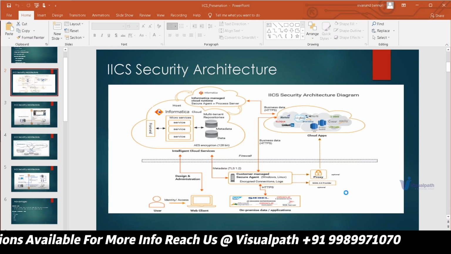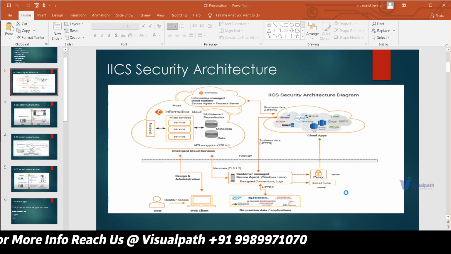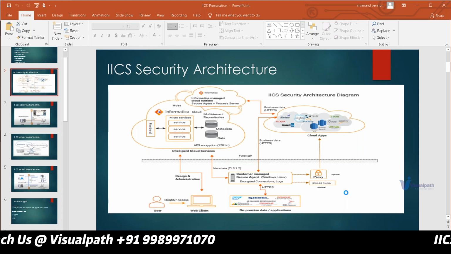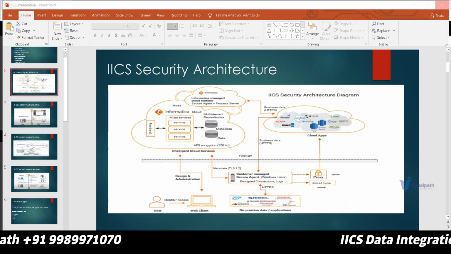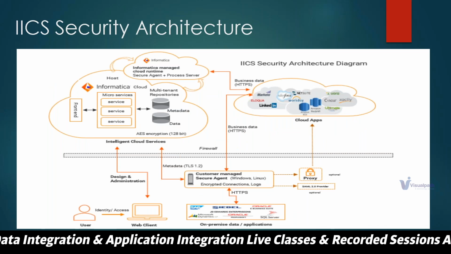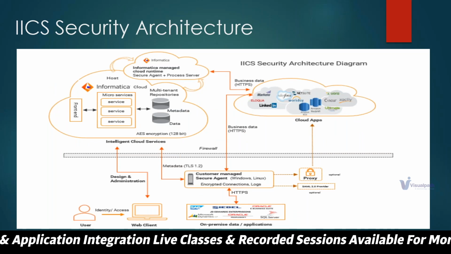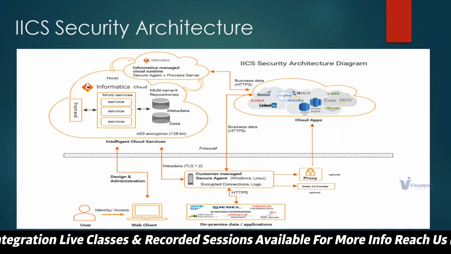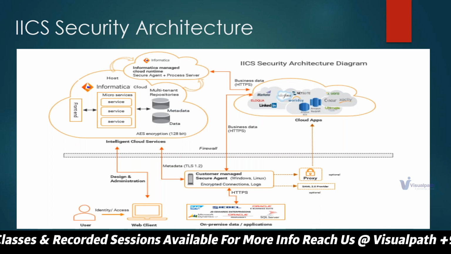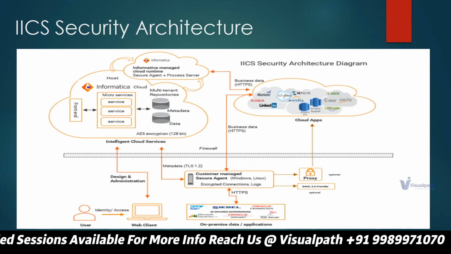Informatica Cloud is a multi-tenant repository, where the metadata gets exchanged over the internet. A user connects through a browser, and a customer managed secure agent sits behind your organization's firewall.